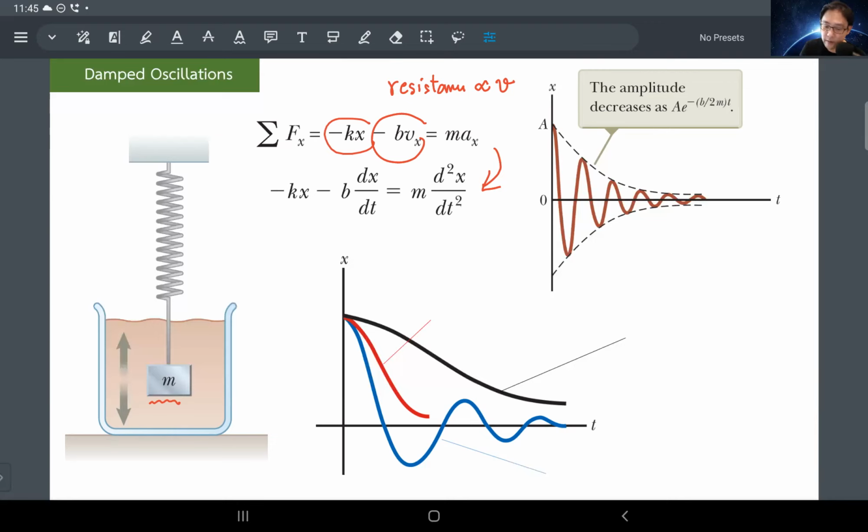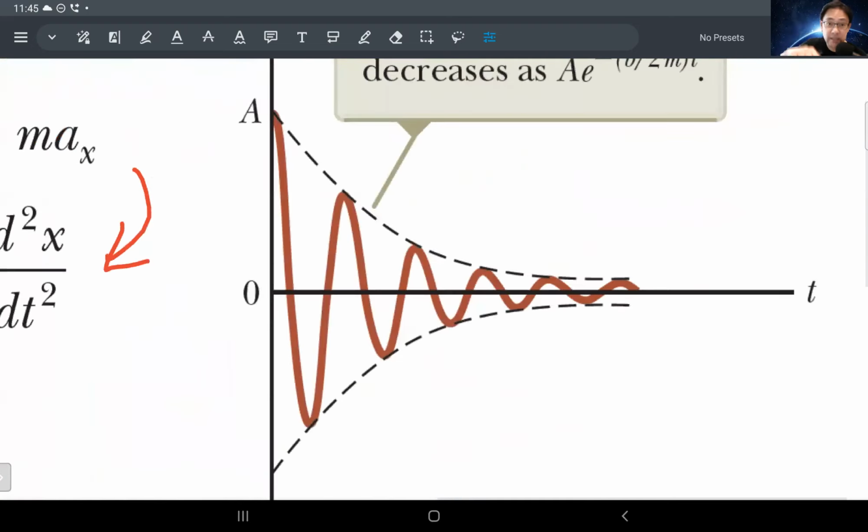We're not going to solve this, but we know it's going to look like this. It's going to oscillate, but everyone knows that the amplitude of the oscillation will get smaller and smaller and smaller, until it dies down. That makes sense? Because the friction will take away all the energy eventually. So we know that the amplitude will decrease over time.